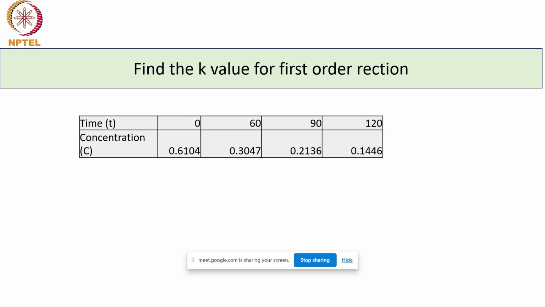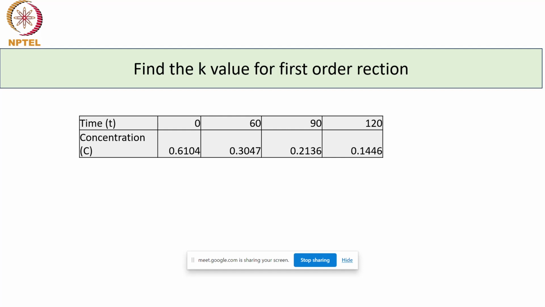Ma'am, firstly, just elaborate the question. I'm not getting the question. Okay. See here, you are given how the concentration of the pollutant varies with respect to time. There is some degradation happening, and initially 0.6104 is the concentration of the pollutant present.